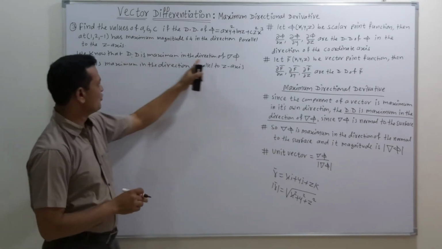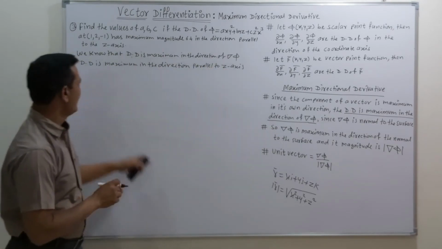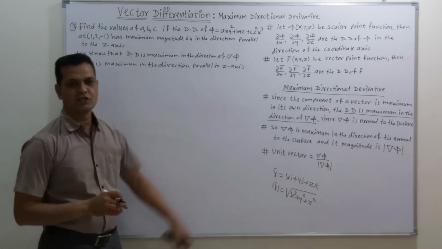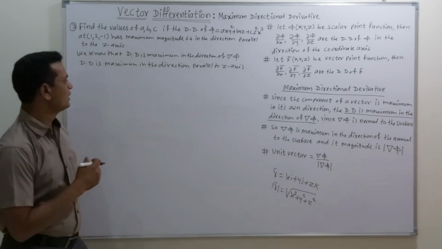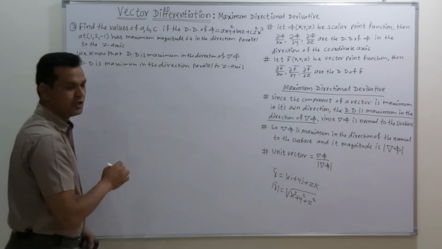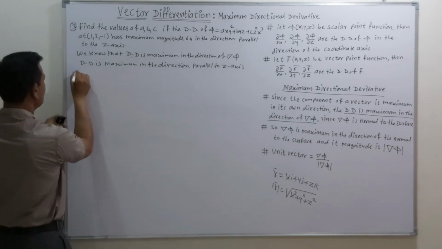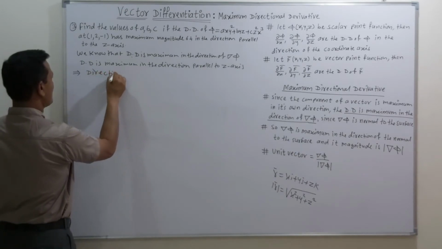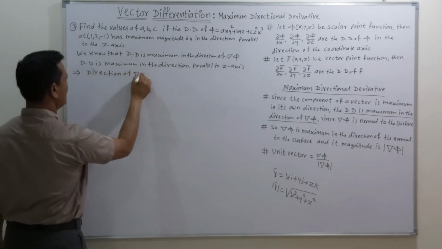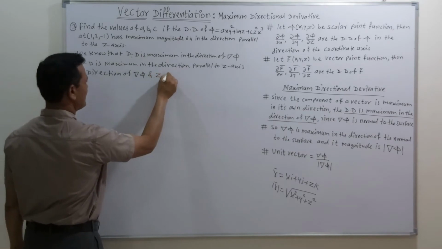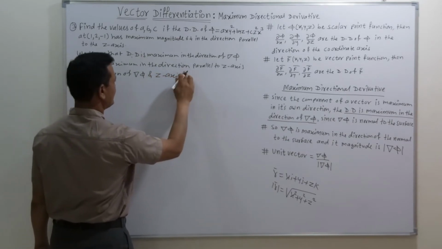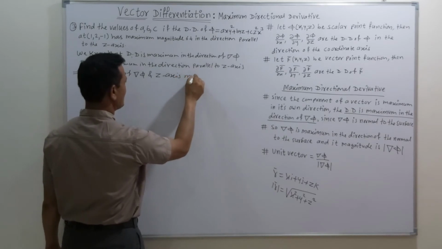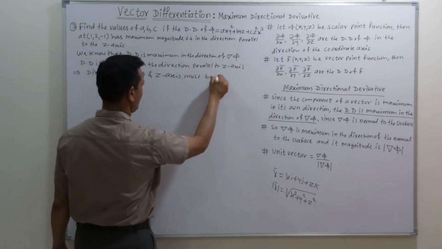That means the directional derivative is maximum in the direction of del phi, and in the given example it is mentioned that the directional derivative is maximum in the direction parallel to the z axis. So this indicates that the direction of del phi and the z axis must be same.